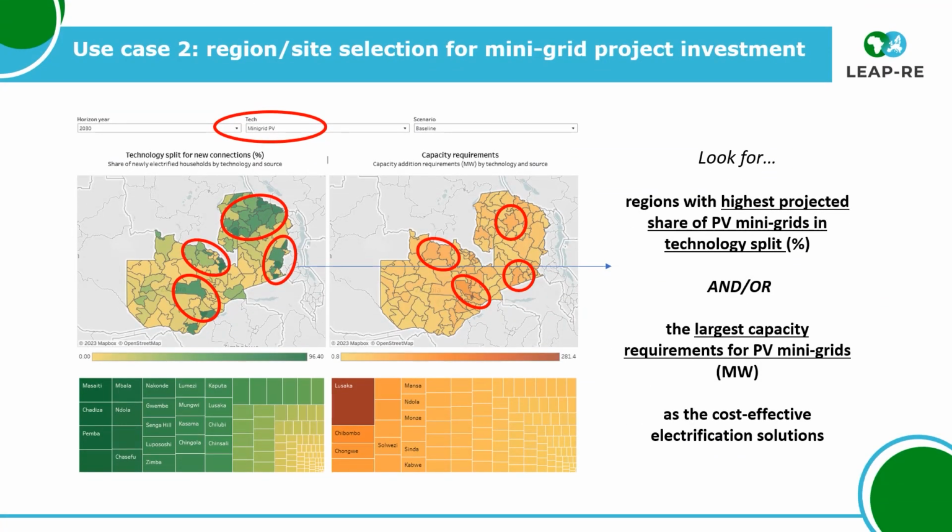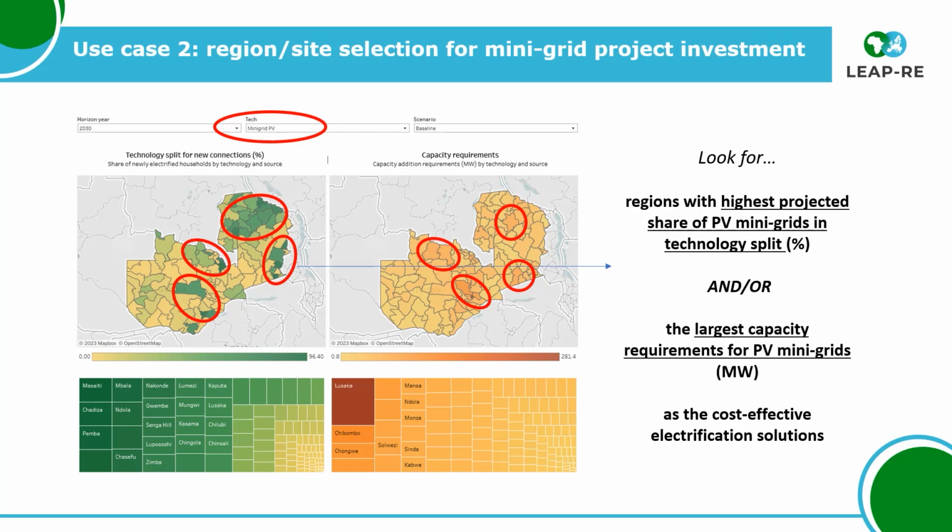So first of all, accessing the energy supply dashboards, we can identify, based on the OnSSET model results, which regions seem to have the highest projected share, so the number of new electricity access connections in a given scenario, in a given horizon year, that are best or cost-optimally achieved with mini-grid PV, which is the technology of focus of Joseph, who is the CEO of a mini-grid company that focuses on PV mini-grids.